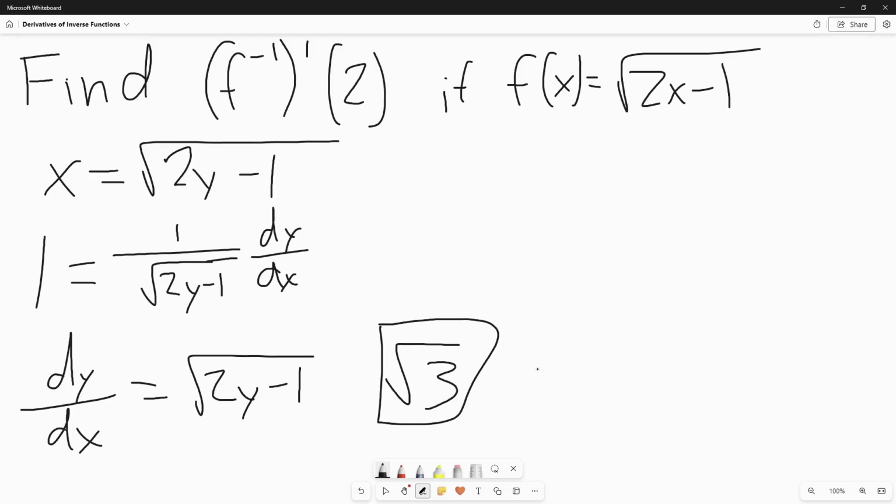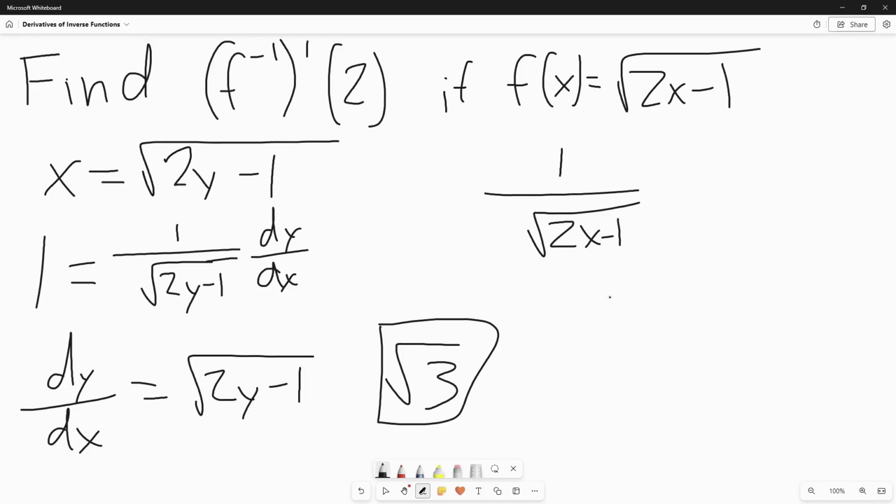Now, let's do the other method. So let's just find the derivative of this, square root of 2x minus 1, and we get 1 over 2 times square root of 2x minus 1. And again, it's the same thing multiplied by 2, and then the 2's cancel out, so it's just 1 over this.